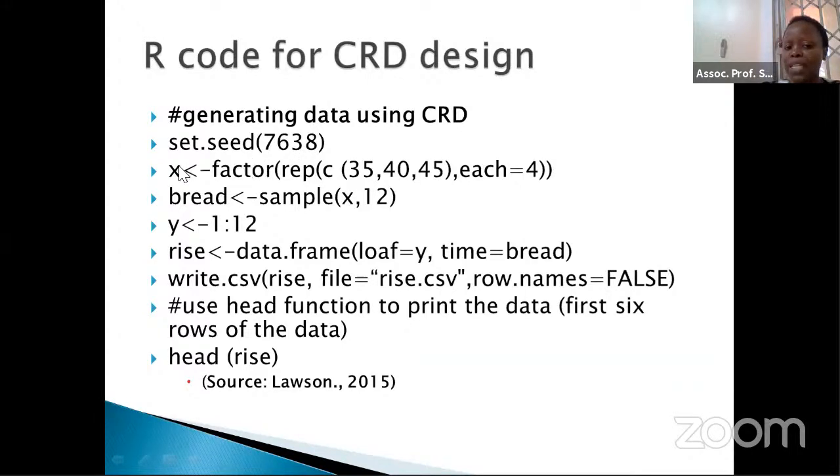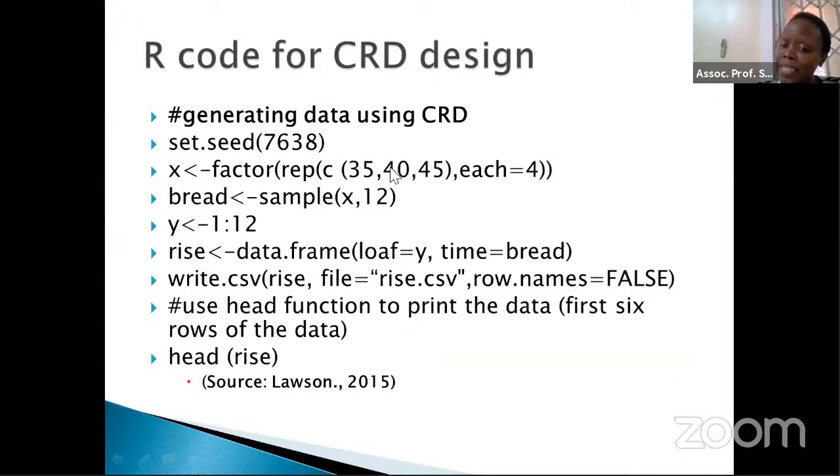The second part here, we call this an object in R. This object we are assigning, or it is equal to a factor, and that factor is going to be replicated, and we put them together. I'm just following what Helen told you. I'm not changing the English. This is our language. So this object is going to consist of a factor, which is replicated, and we put all these things together using this c.